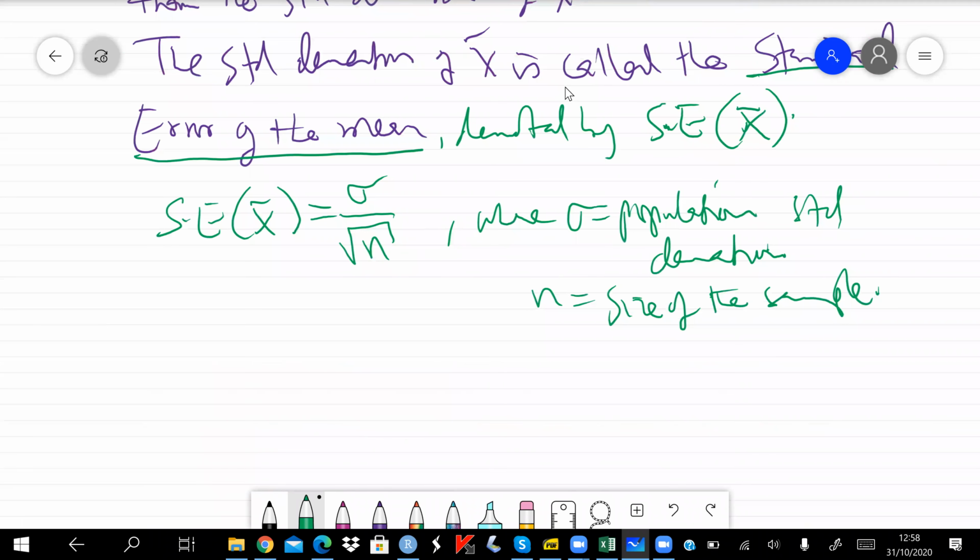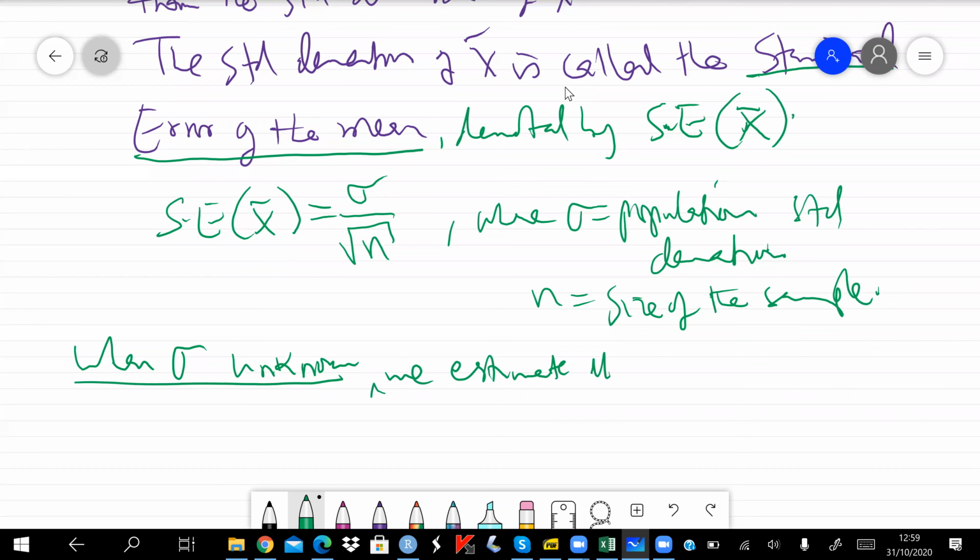Then in most cases, you find that sigma is unknown. When sigma is unknown, we estimate it using the sample counterpart.